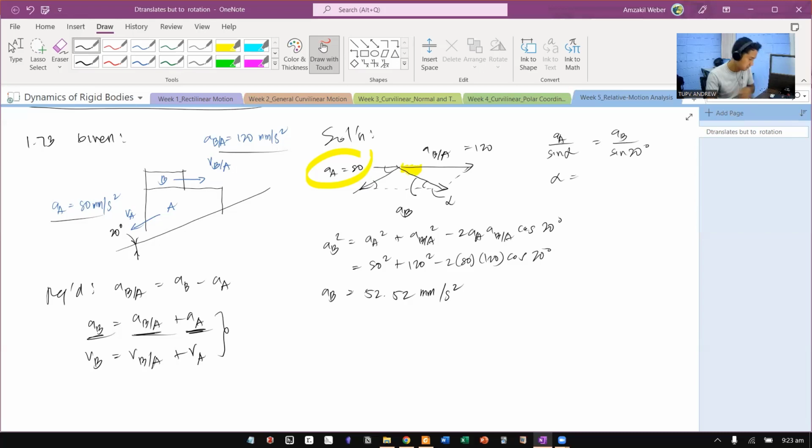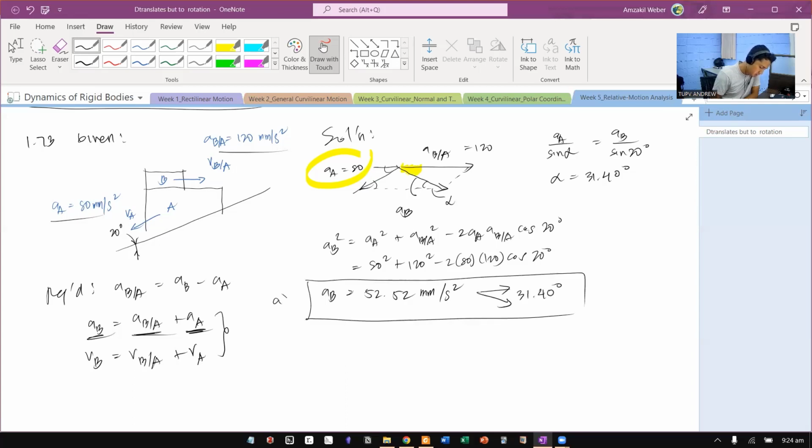So alpha will be AA, 80, divided by AB, which is 52.52, times sine 20, which is 31.40 degrees.